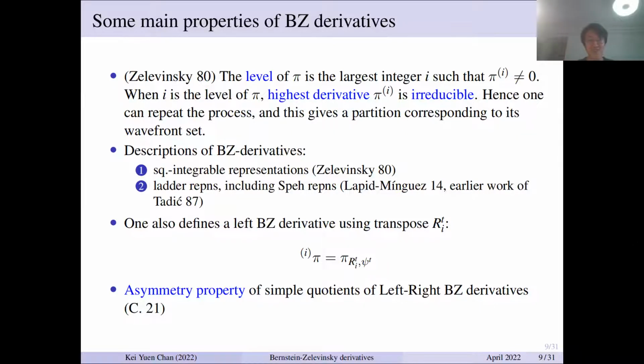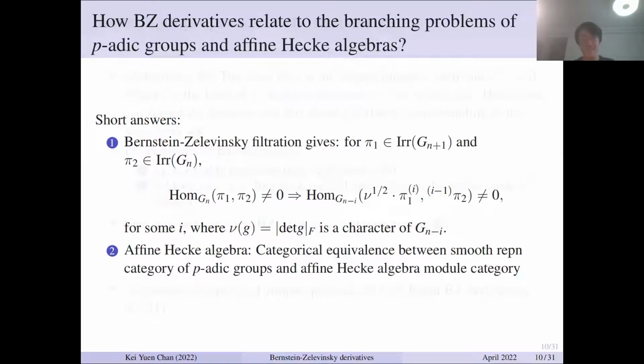So why is the Bernstein-Zelevinsky derivative important in branching laws? I will just give a short answer here. There is something called the Bernstein-Zelevinsky filtration. Once you use such a filtration, you turn the branching problem, the Hom space Hom(π1, π2) being non-zero, into one where you pick one of the layers.